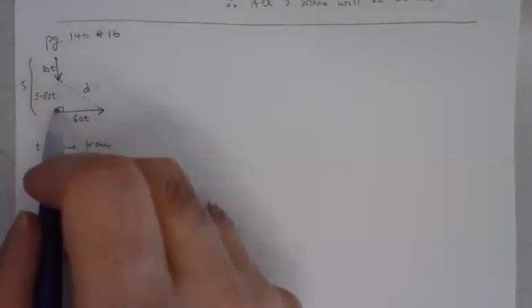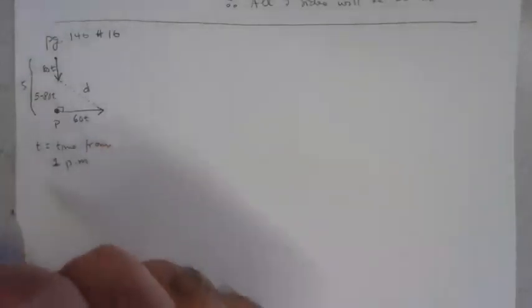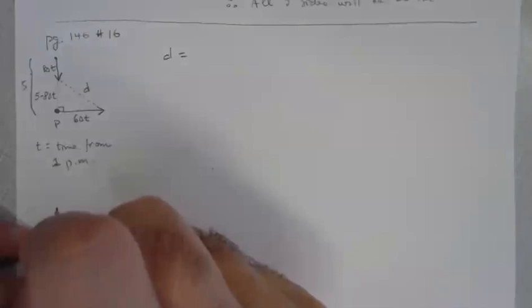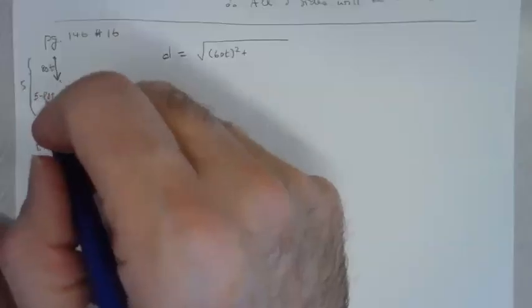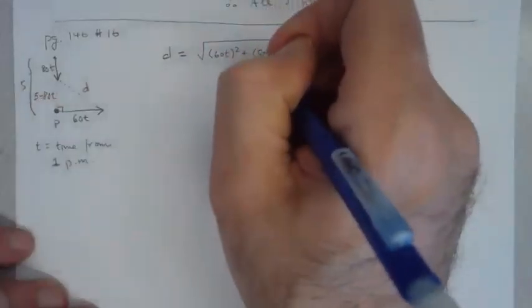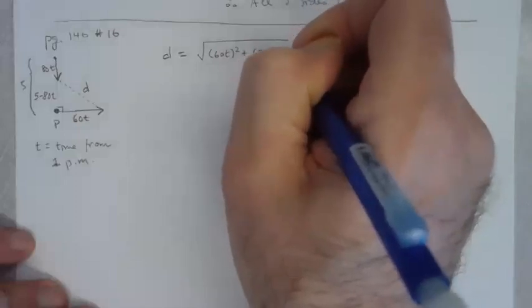All right. And now, because of Pythagoras, I have a nice way of writing this distance. So what I'm trying to optimize here is the distance, which is going to be the square root of the sum of the squares of the other two sides. So it's going to be the square root of (60t) squared plus (5 minus 80t) squared.